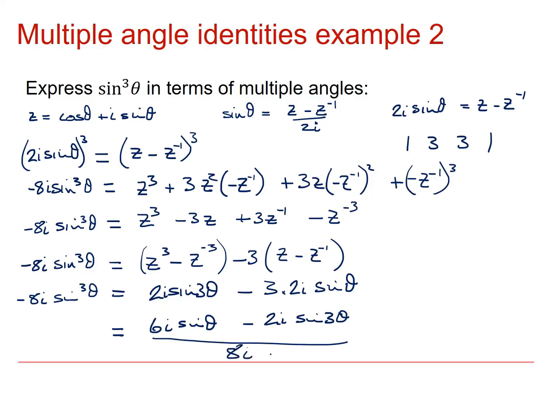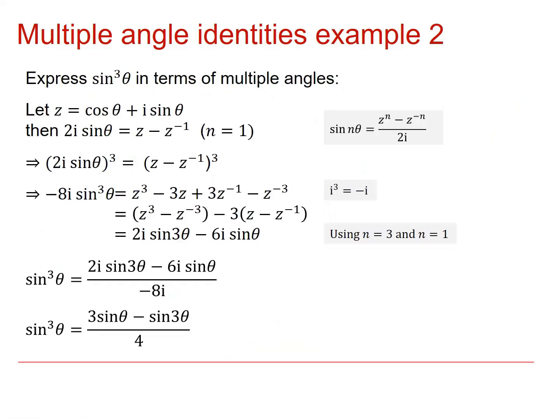The i's will go, and in fact so will a factor of 2, which is just going to give me 3 sine theta minus sine 3 theta all over 4. And again, there's that tidied up for you.